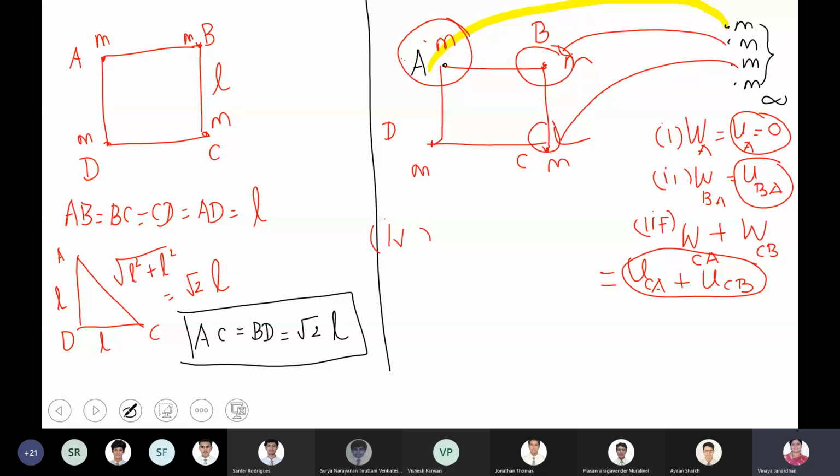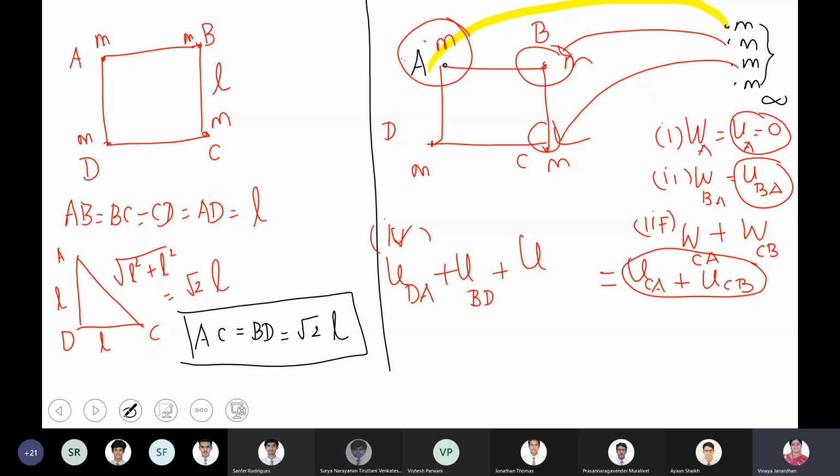So I have to do work in bringing a mass from infinity to point D. So for the fourth one, it is UDA, because you have to do work against the field created by A. Then you have to do work because of the field created by B, UDB. Next, due to the field created by C, UDC.